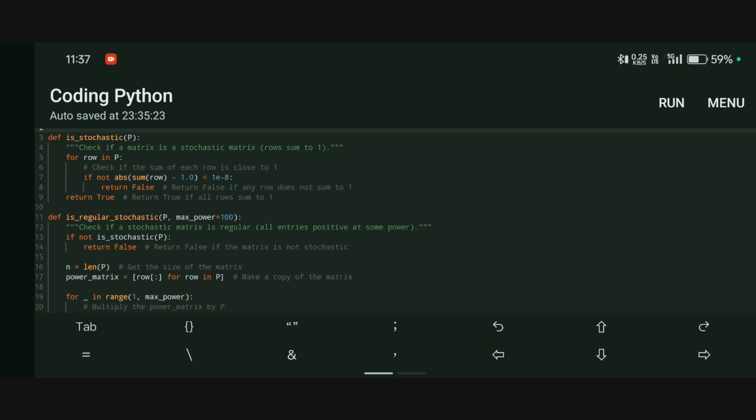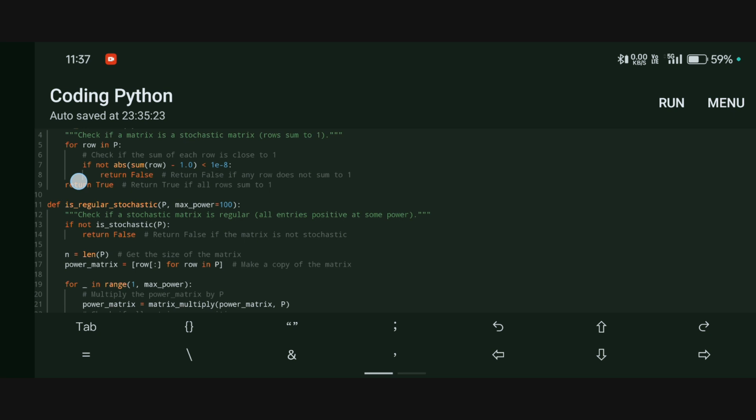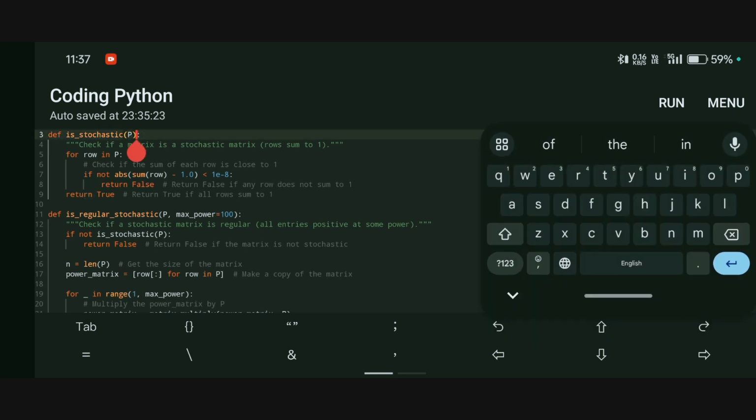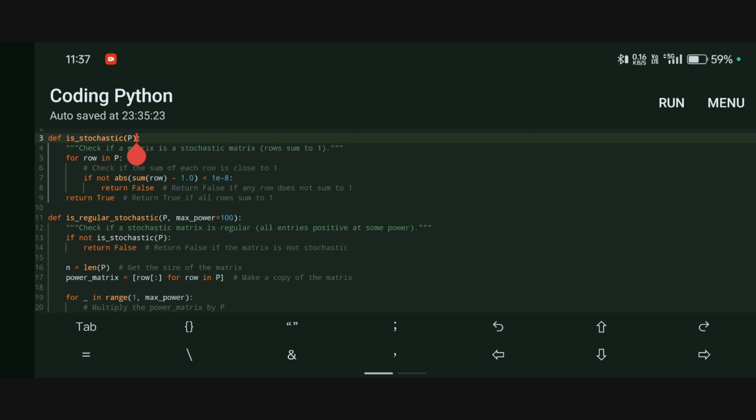To find whether the given matrix is stochastic or not, we use a function called is_stochastic(P), where P is a matrix.